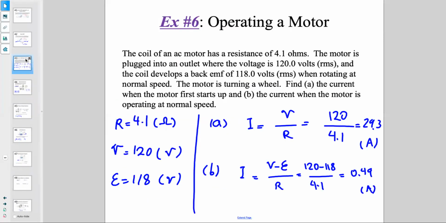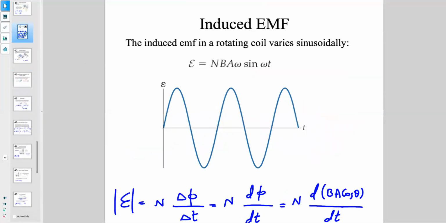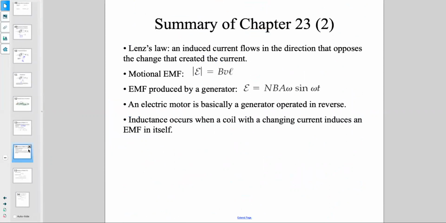So, NBAω sin(ωt). And the electric motor is basically a generator operated in reverse. One will turn the electric to mechanical, and the other one will turn the mechanical energy to electric energy.